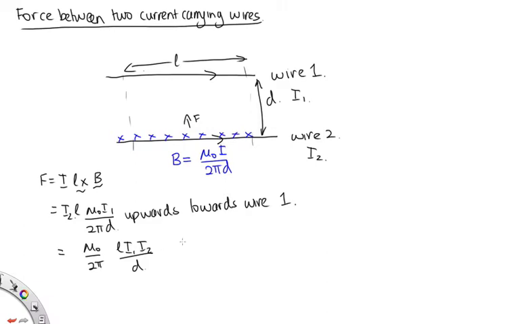And this force, if the currents are flowing in the same direction, will be towards each other, as in this case. If the currents are flowing in the opposite direction, then the magnetic field here will have the same direction, but the current will be opposite, and so the force will be in the opposite direction.